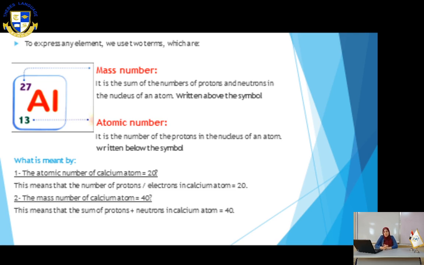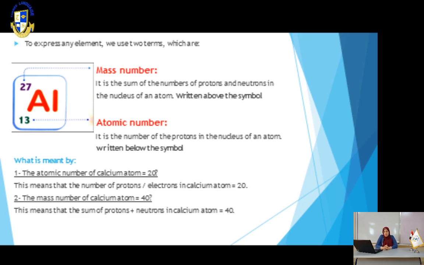So 27 is called the mass number, and it's the sum of the numbers of protons and neutrons in the nucleus of an atom, written above the symbol at the left side. And the atomic number is the number of the protons or the electrons of the atom, and it's written below the symbol at the left side.